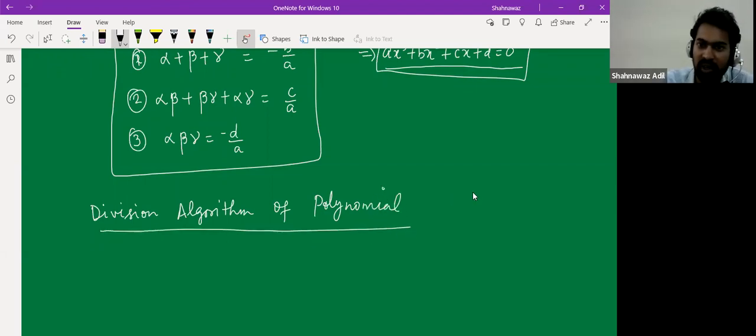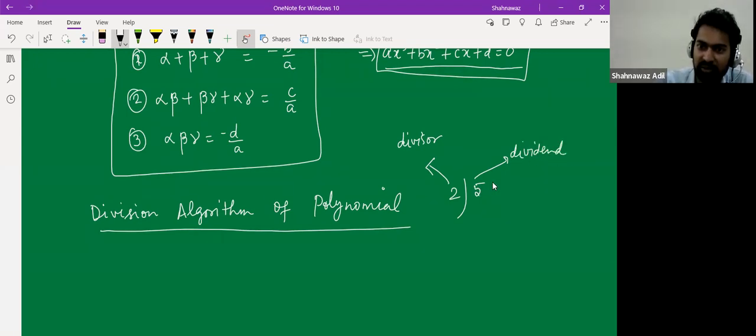So when you divide, let's say, 2 with 5, this is called the divisor, and this is the dividend.